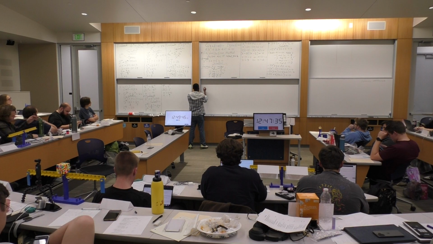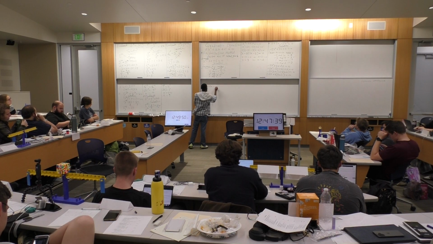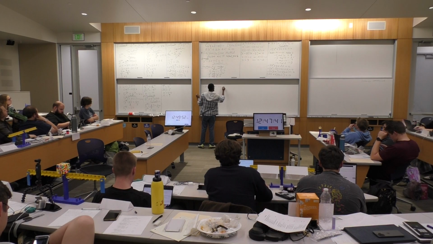So it's either negative 2x plus 5 is equal to 0, or x plus 1 is equal to 0.